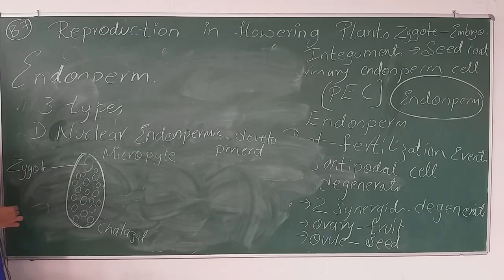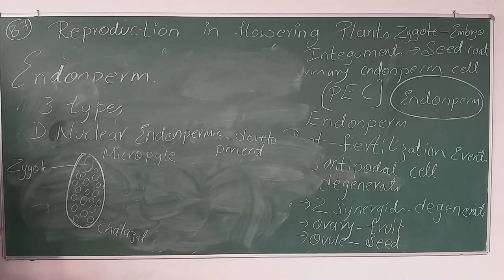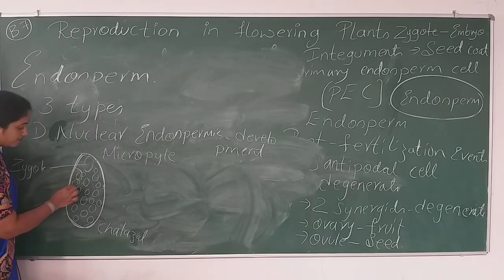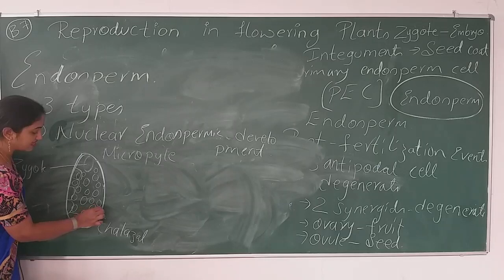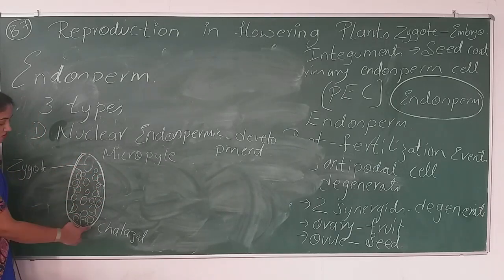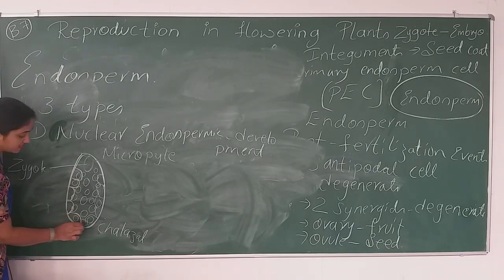What will happen next? These free nuclei, after a certain time, undergo cytoplasmic division only at the peripheral region. Cytoplasmic division means divisions occur in the cytoplasm.